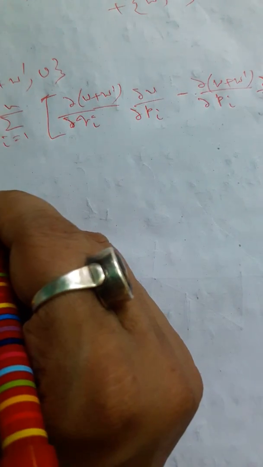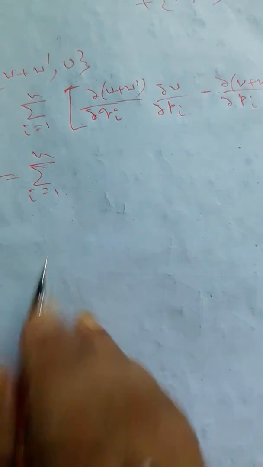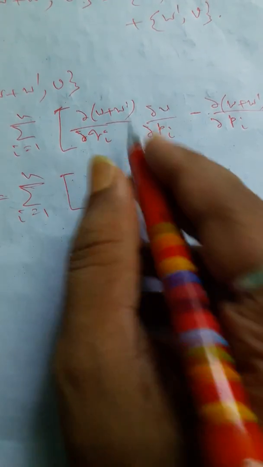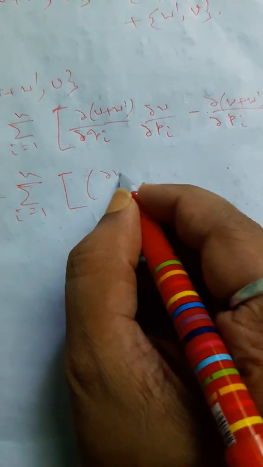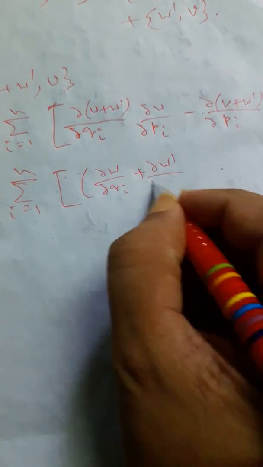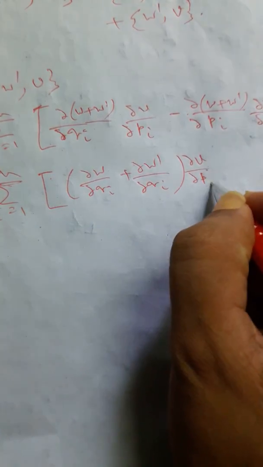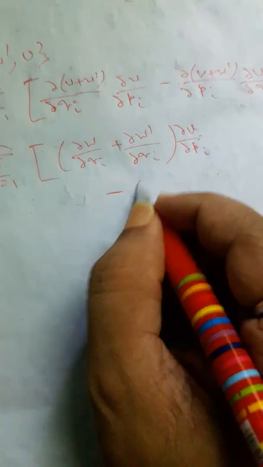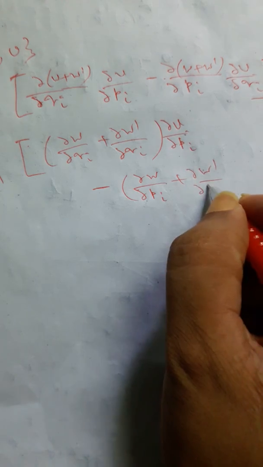That will be equal to, breaking the sum of i equals 1 up to n for the distributive property, del w del q i plus del w dash del q i, and del v del p i minus del w del p i plus del w dash del p i, del v del q i.